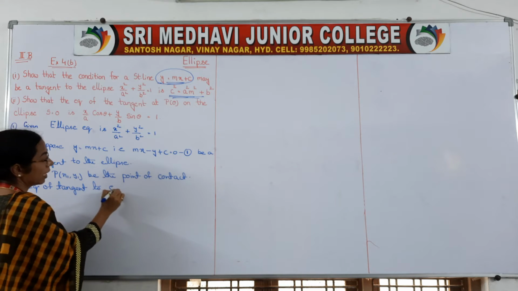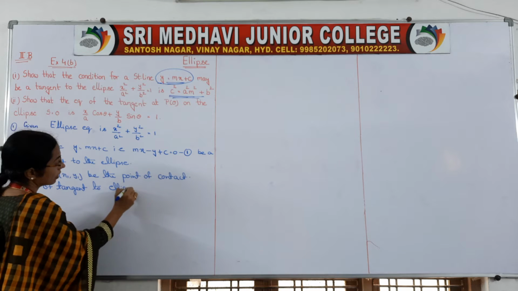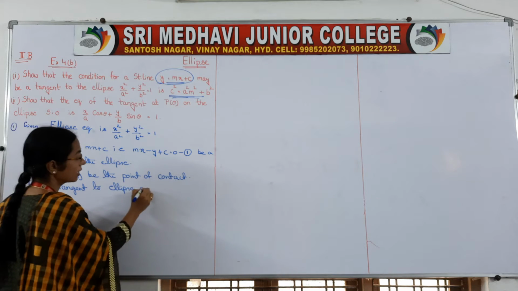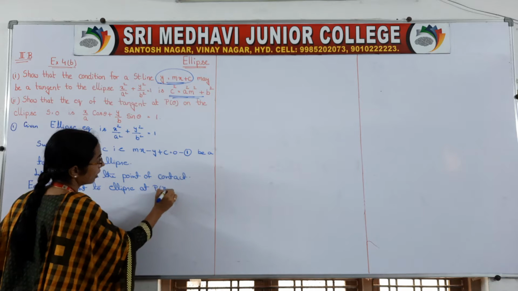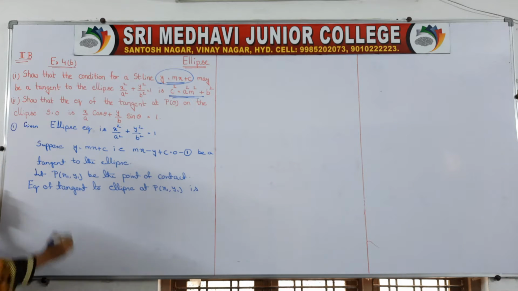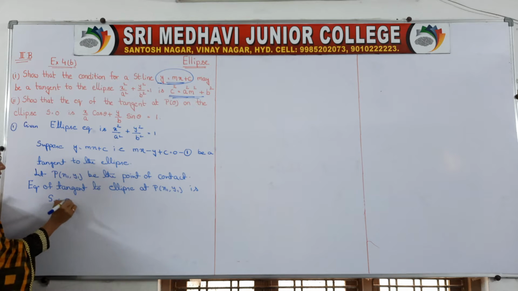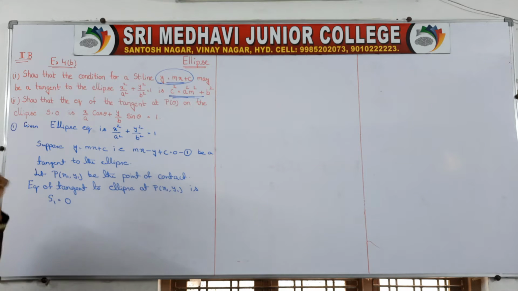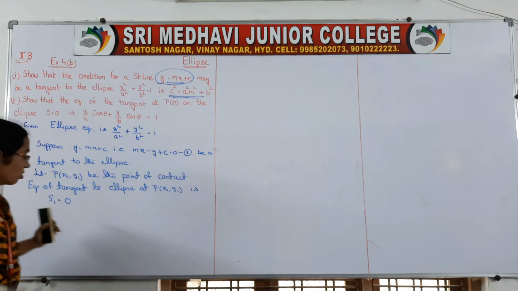to the ellipse at P(x1, y1) is S1 is equal to 0. It is a formula: the equation of the tangent to the ellipse is S1 is equal to 0.